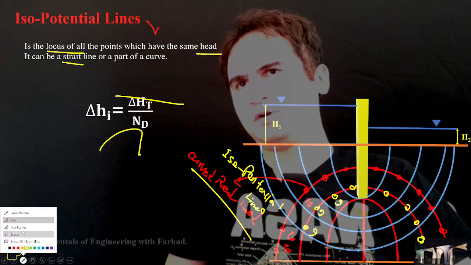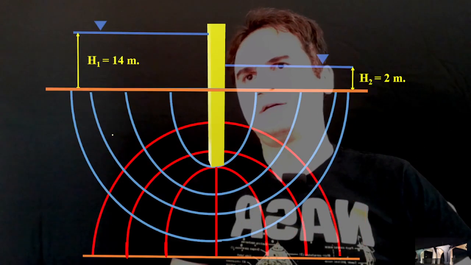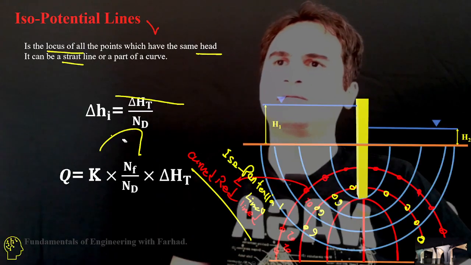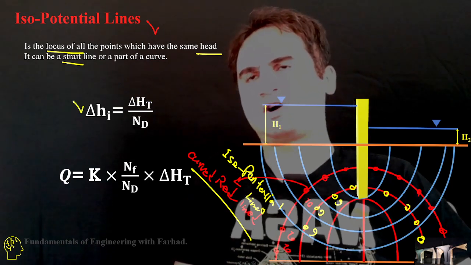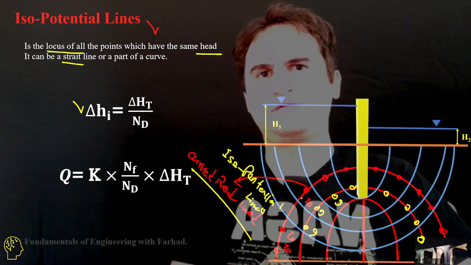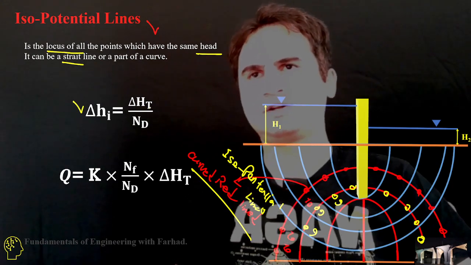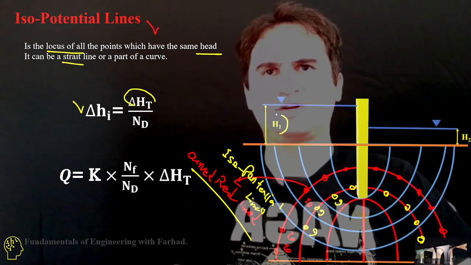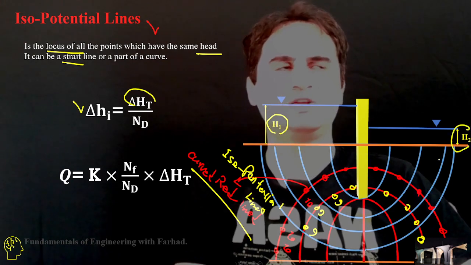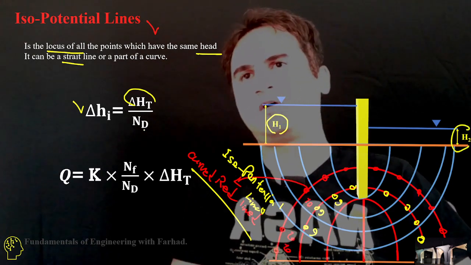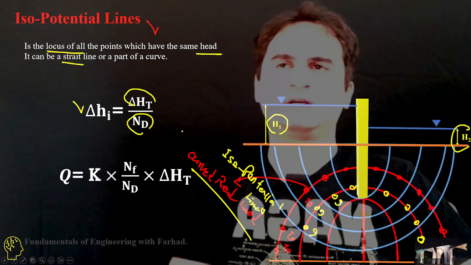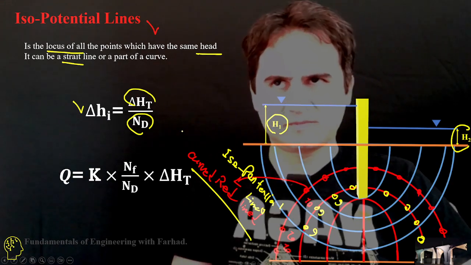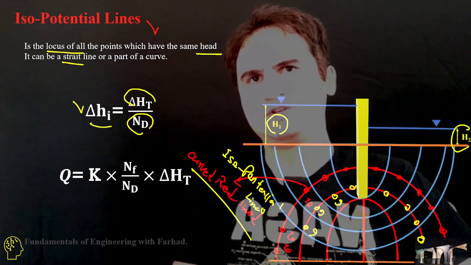The formula for that is, you can define delta Hi. Each drop between each of these lines is delta H total, H1 numeric value minus H2 numeric value, over the number of drops. That's the delta Hi in each drop.